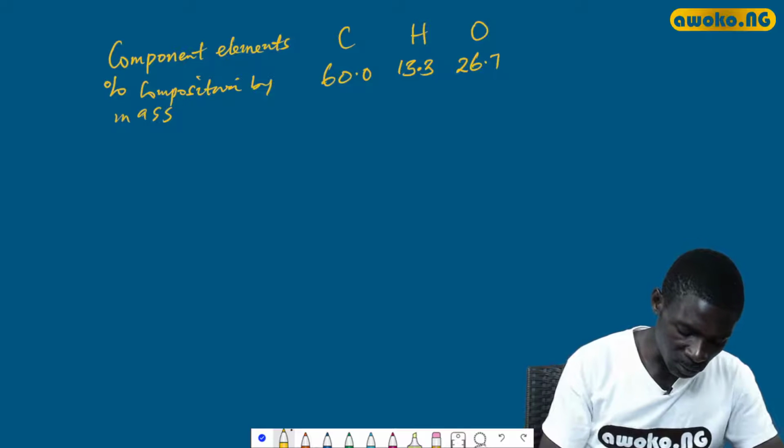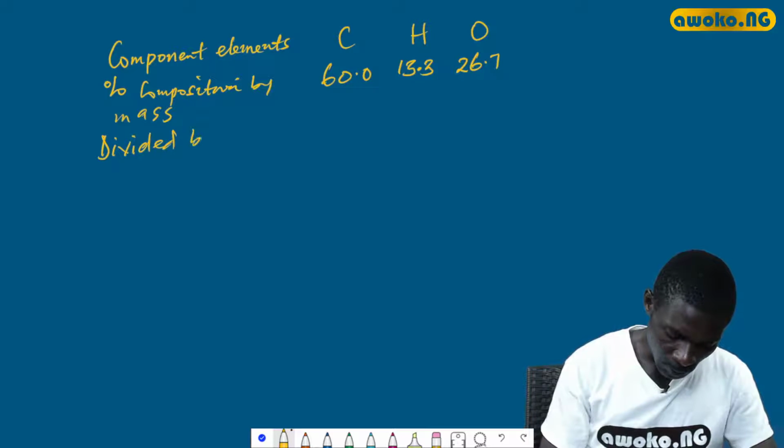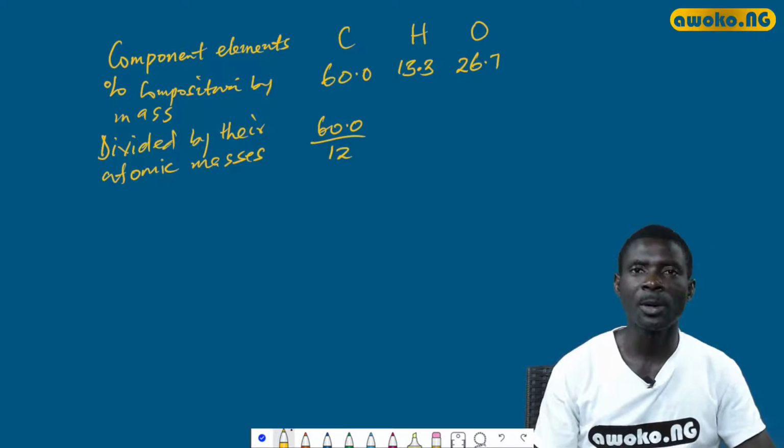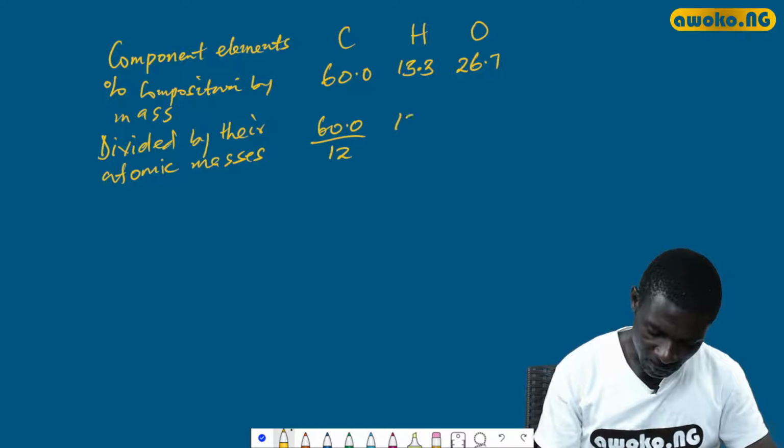The next thing we do is to divide the percentages by their atomic masses. So here we have 60.0 divided by the atomic mass of carbon, which is 12, and here we have 13.3 divided by 1, and here we have 26.7 divided by 16.